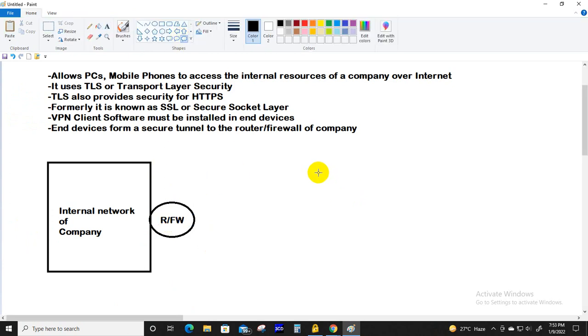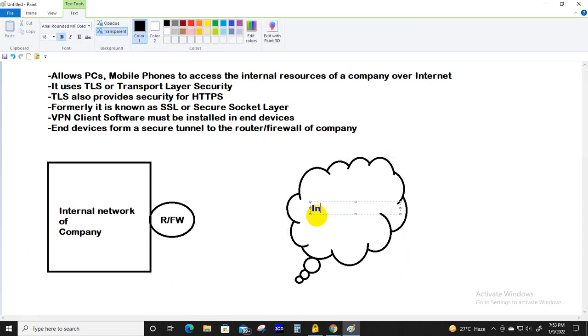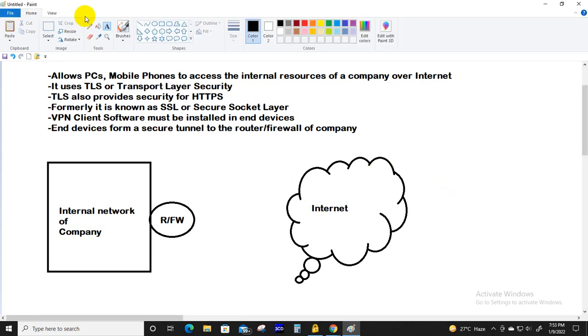This is internet. And this is an end user, sitting at its home.